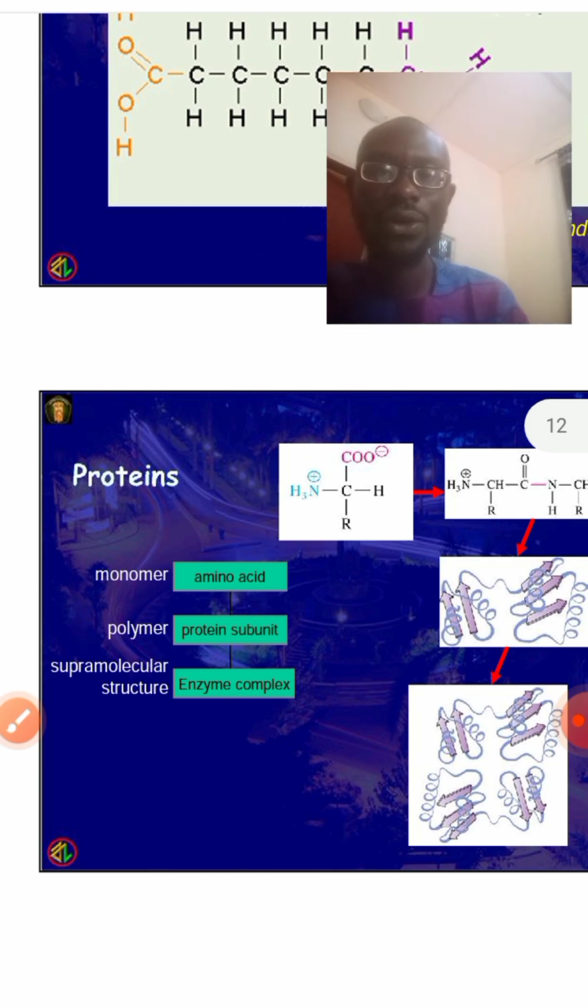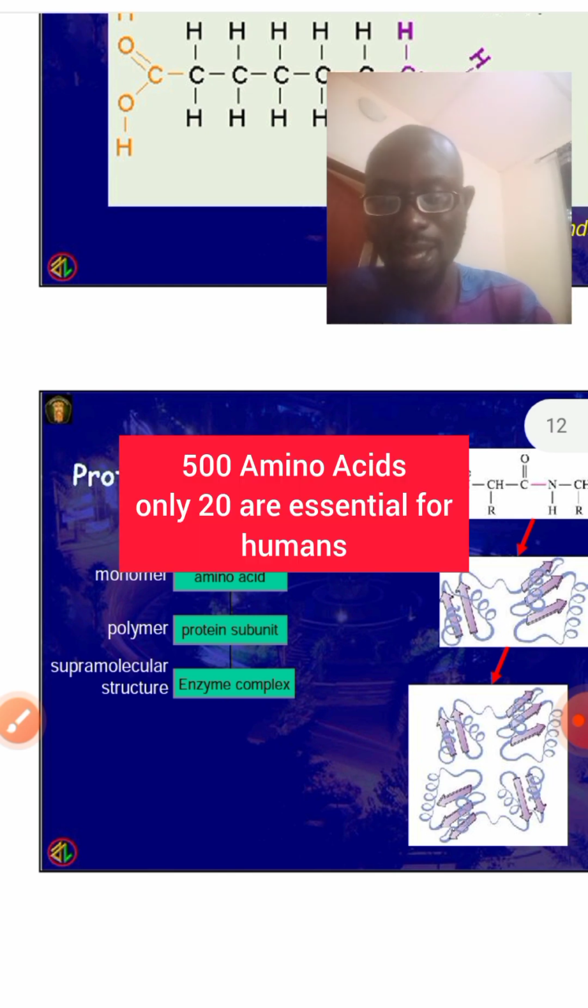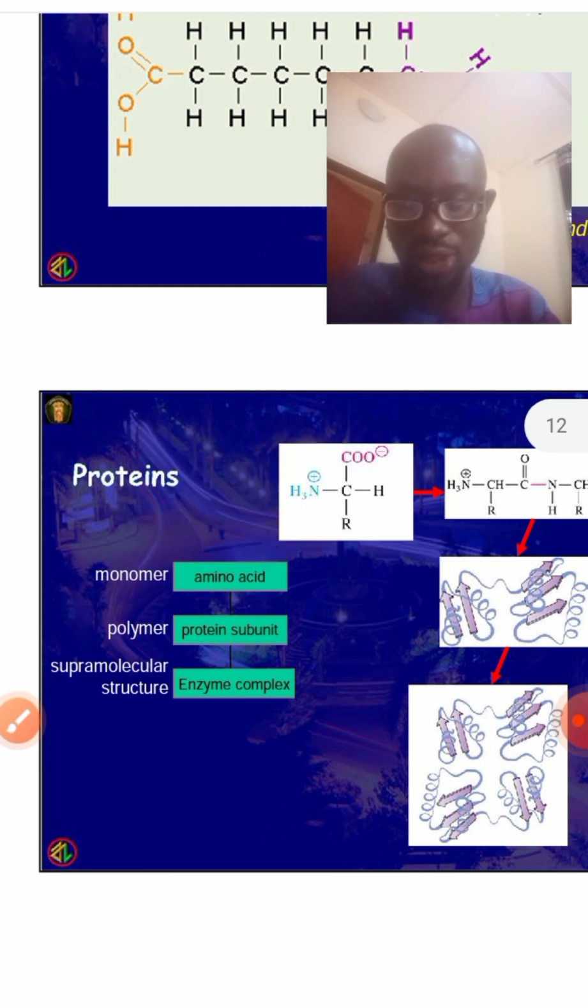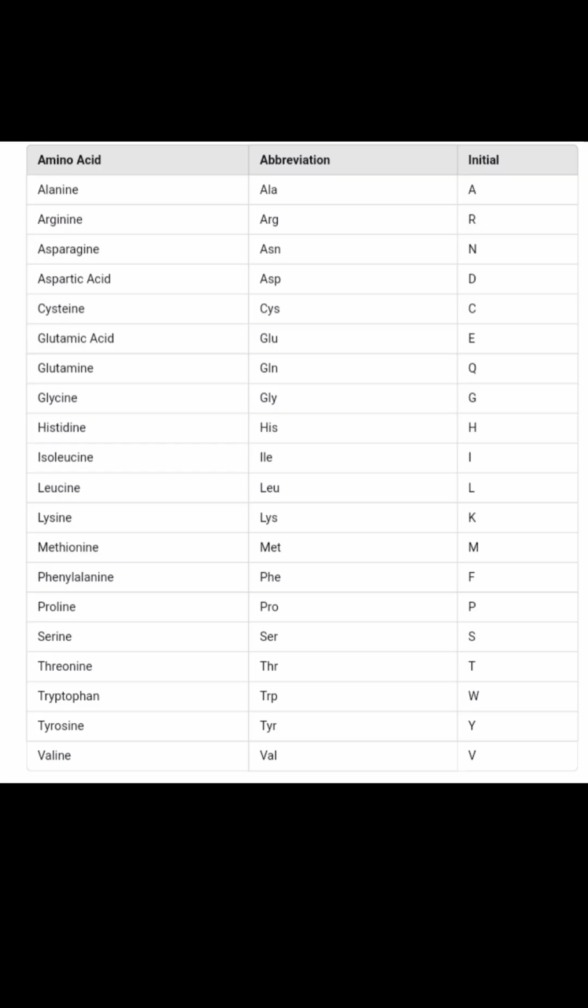Another thing you need to take note of is that although there are about 500 amino acids that occur in nature, only 20 of them are seen in the human body, and we call them essential amino acids. So this table here is showing you the different amino acids, their abbreviations, and their names.